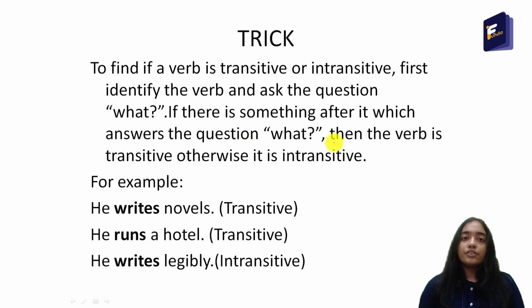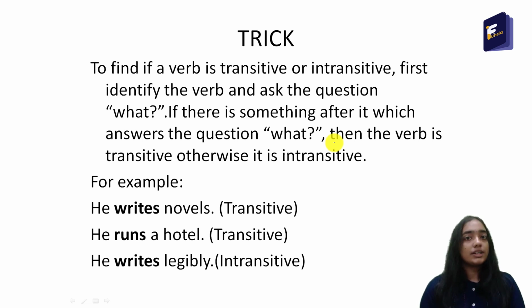So there is a trick with which you can very easily know which verb is transitive and which verb is intransitive, and what is the object of the transitive verb. The transitive verb will only have the object. So the trick to find if a verb is transitive or intransitive: first identify the verb and ask the question what.